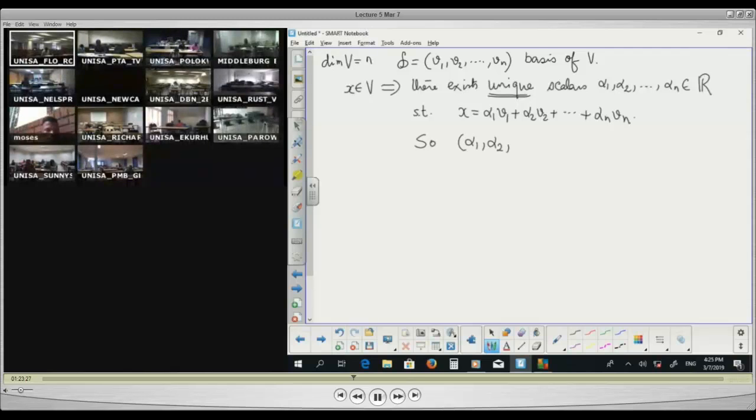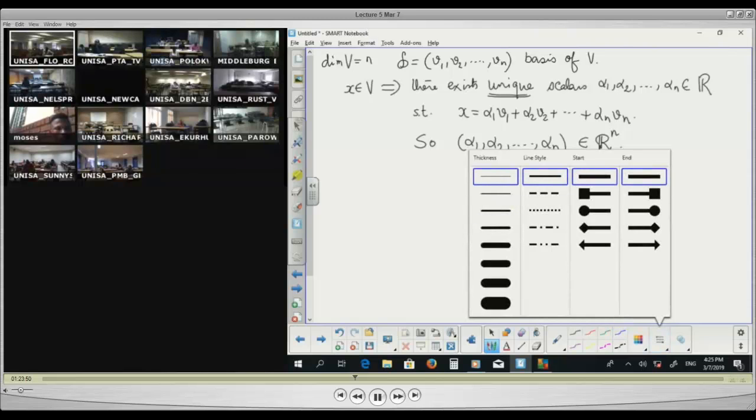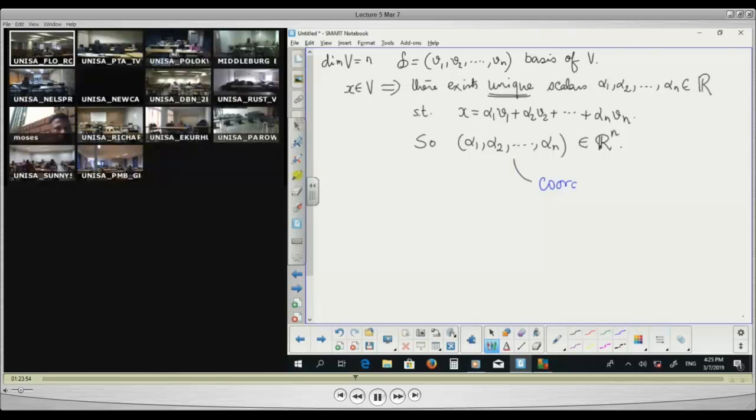And we call this the coordinates of x with respect to the basis B. And we shall write this like this.